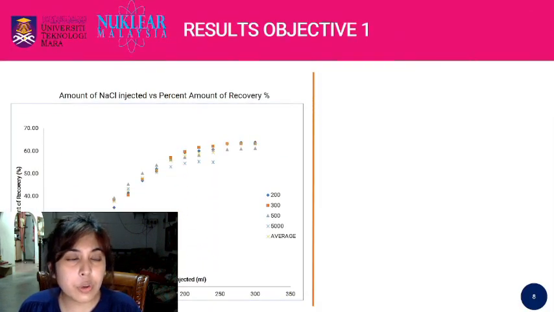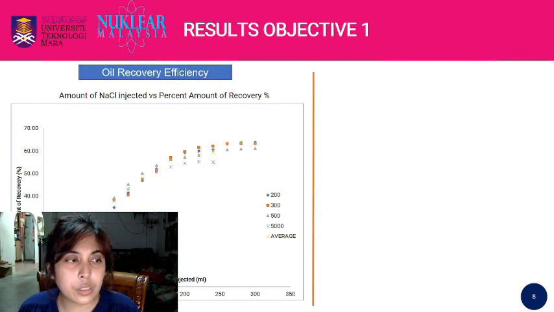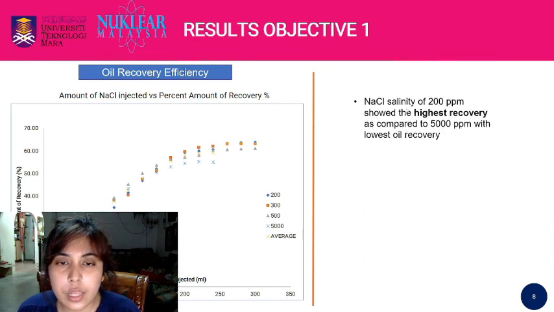So this is the result of objective one. We can see that 200 parts per million can collect a lot more oil recovery than 5,000. So the sodium salinity of 200 parts per million shows the highest recovery as compared to 5,000 parts per million, with the lowest oil recovery.